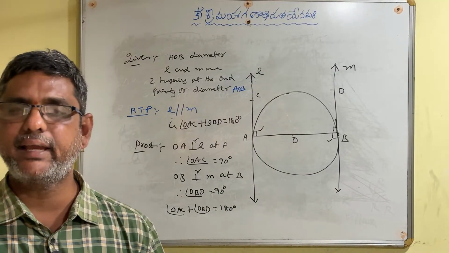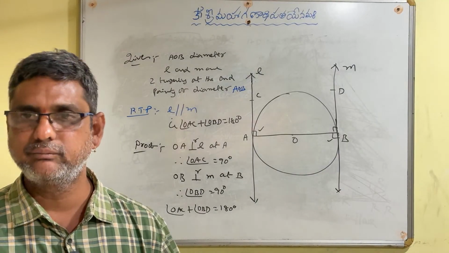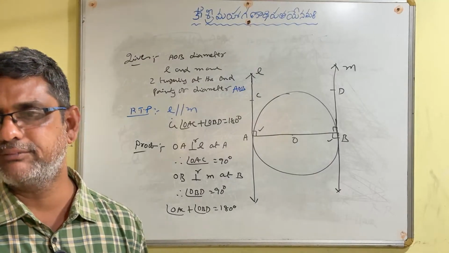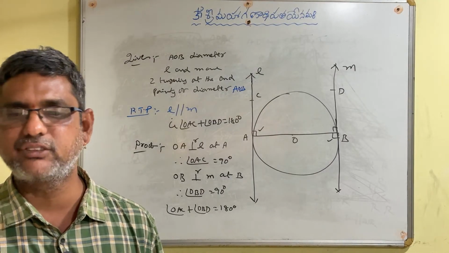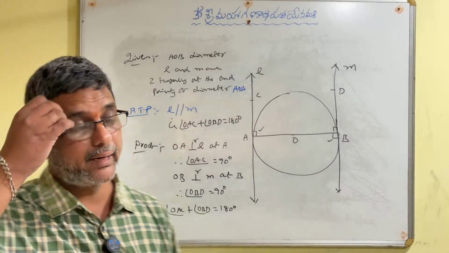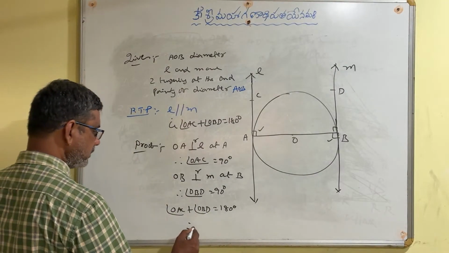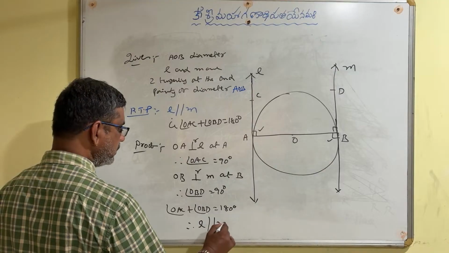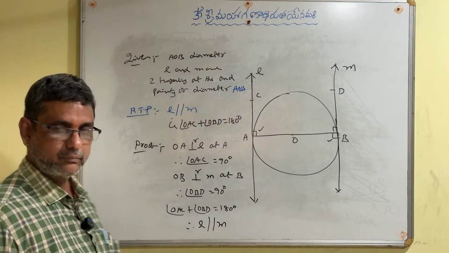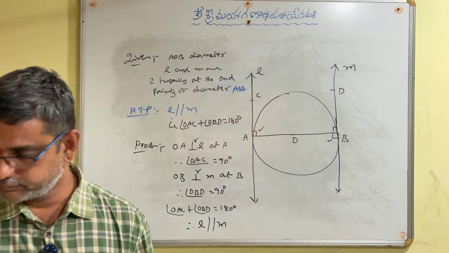If the pair of alternate angles are equal, then the lines are parallel. If interior angles on the same side of the transversal are supplementary, then the lines are parallel. So therefore, L is parallel to M by Euclid's fifth postulate.